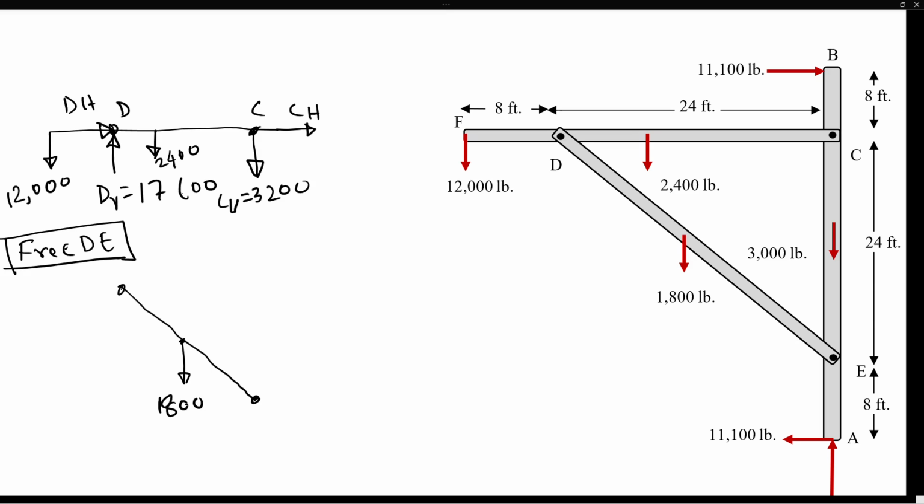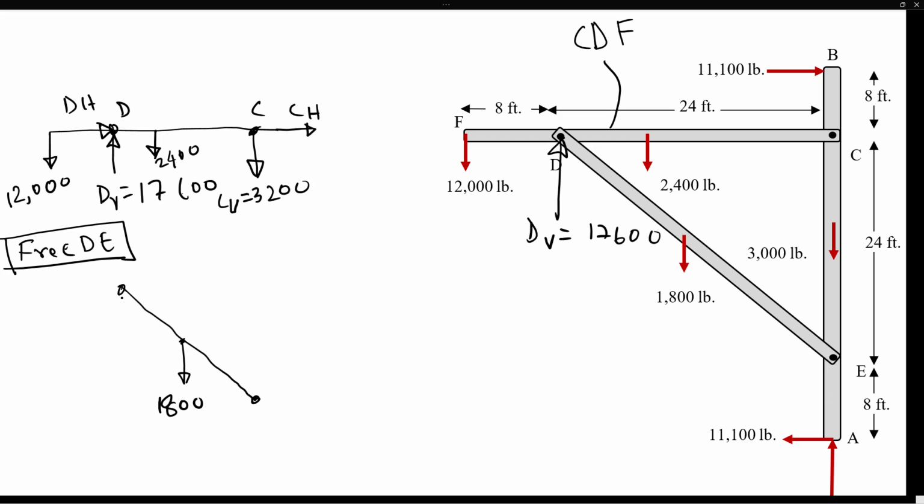That's not gonna change. One thing you have to remember, that when you are considering that CDF member, the reaction at point D was acting upward. So the associated member will have the exact same force. However, it's going to be exactly the opposite direction.